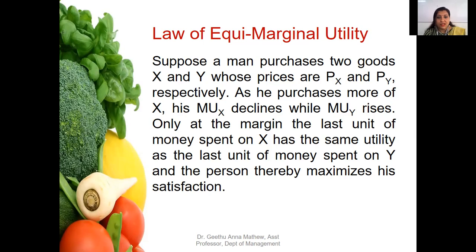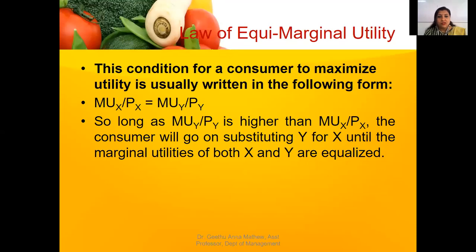Only at the margin, the last unit of money spent on X has the same utility as the last unit of money spent on Y, and the person thereby maximizes his satisfaction. Let's see this with the formula. The law of equimarginal utility is MUX divided by PX is equal to MUY divided by PY. This is the point where a consumer gets maximum satisfaction. That is what the law of equimarginal utility states.